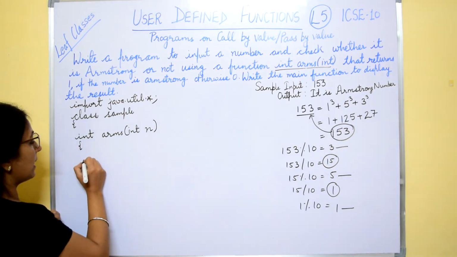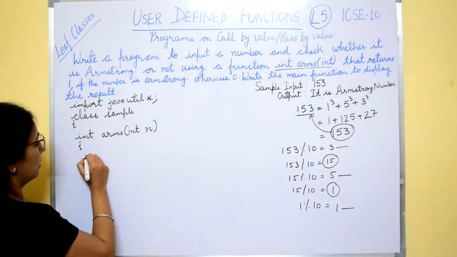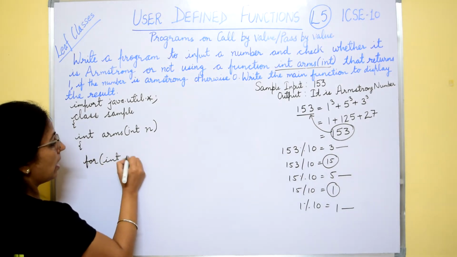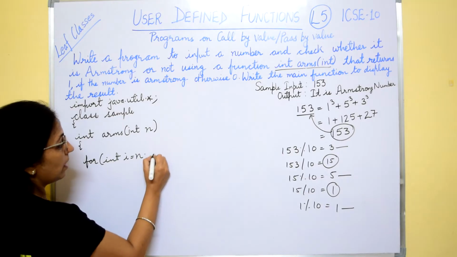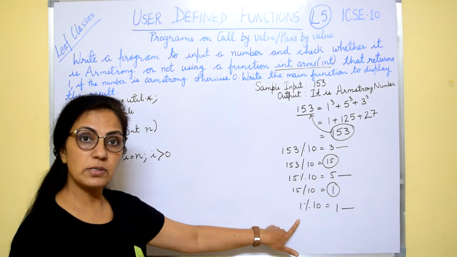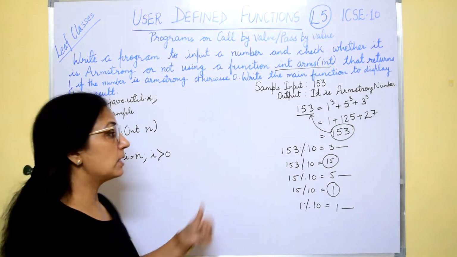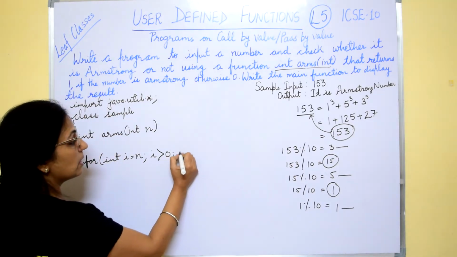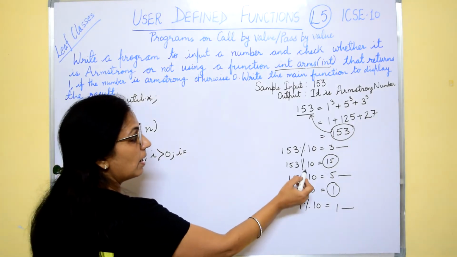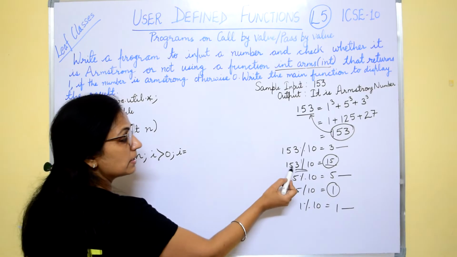So we will be taking a loop here: for(int i=n; i>0; i=i/10). Till when do you have to repeat the process? Till it is greater than 0. For the next time you want the number, so how are you getting it?